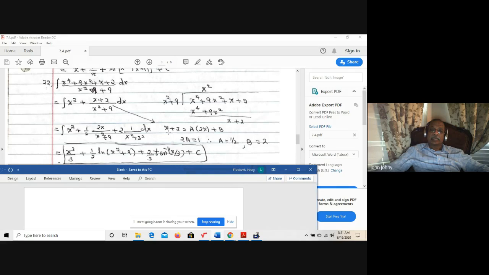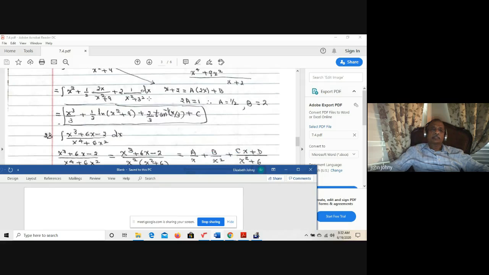This is a times the derivative of the denominator plus b. So 2a is equal to 1. A is 1 half and b is 2. So it becomes x squared plus 1 half times 2x over x squared plus 9, plus 2 times 1 over x squared plus 3 squared.